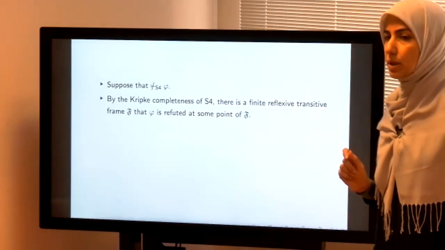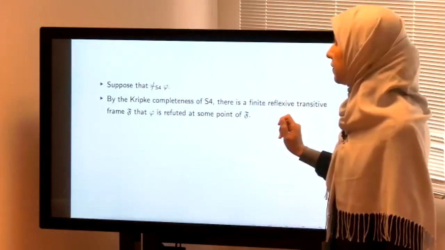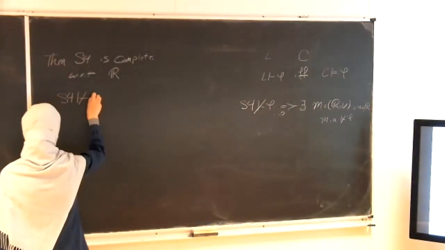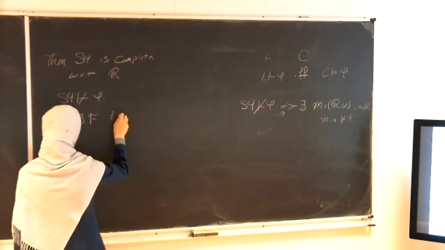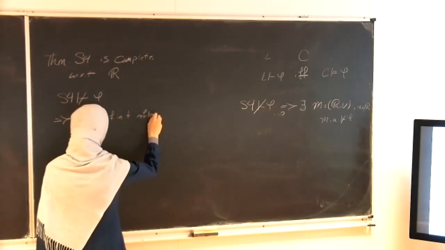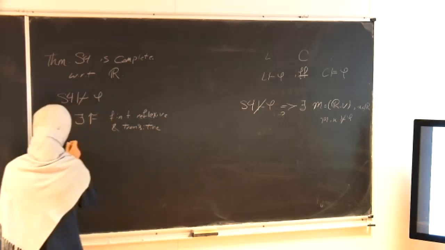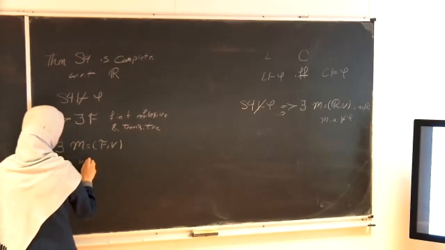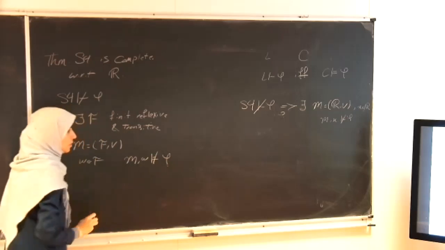By these results, we can conclude that if phi is not a theorem of S4, there is some frame F which is finite, reflexive, and transitive, and there exists some model M based on this frame and a point W in F such that phi is not true at that point.